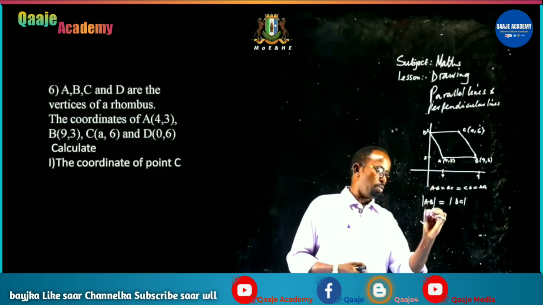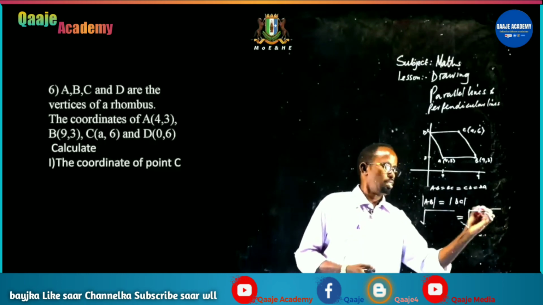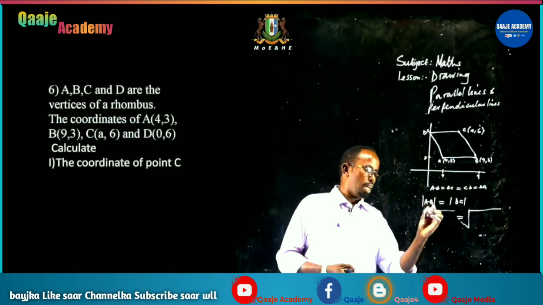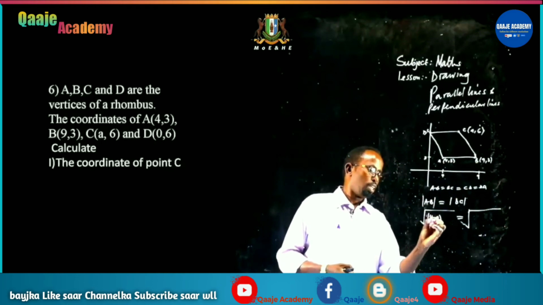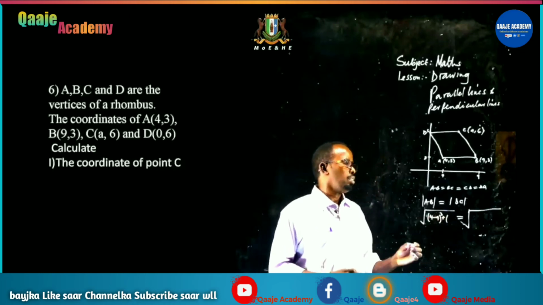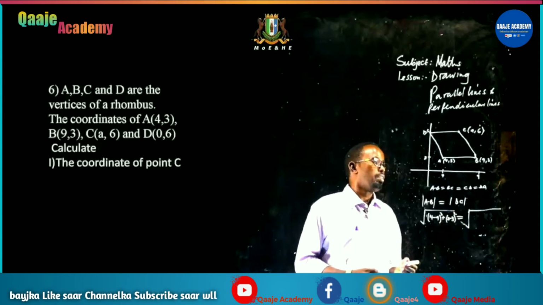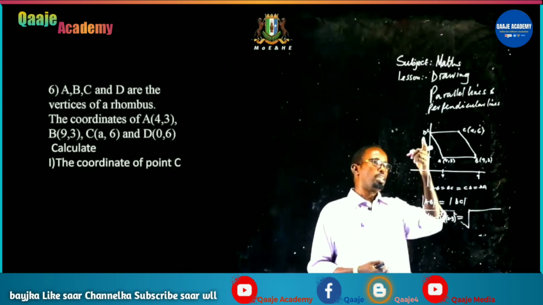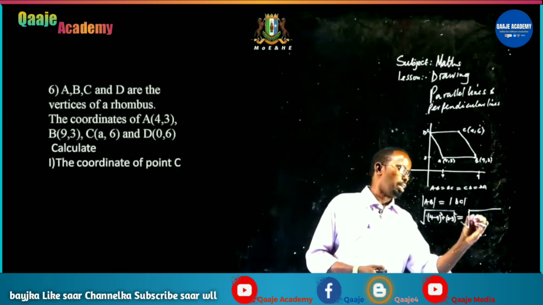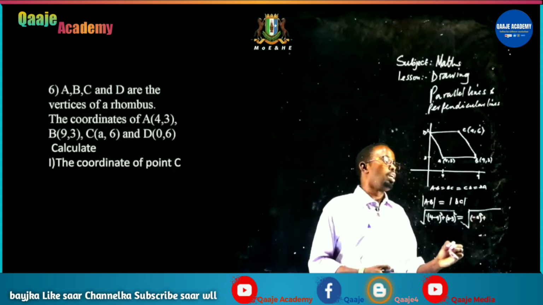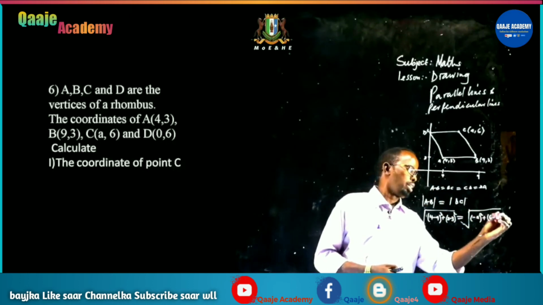So for AB, we have (4, 3) and (9, 3). The formula for the length of a line gives the square root of (4 minus 9) squared plus (3 minus 3) squared. The next one, D (0, 6) and C (a, 6), gives the square root of (0 minus a) squared plus (6 minus 6) squared.